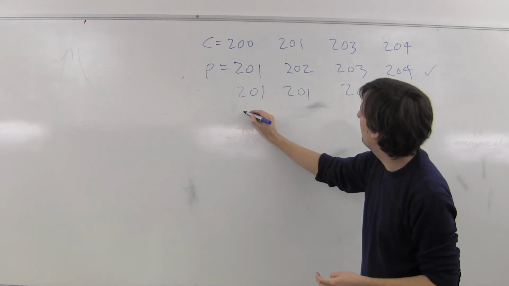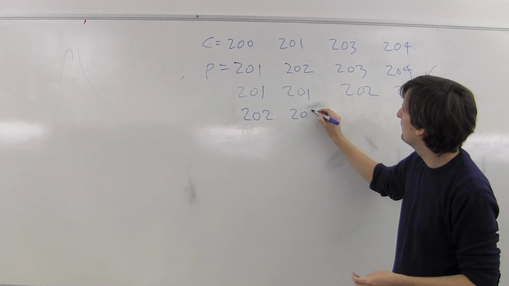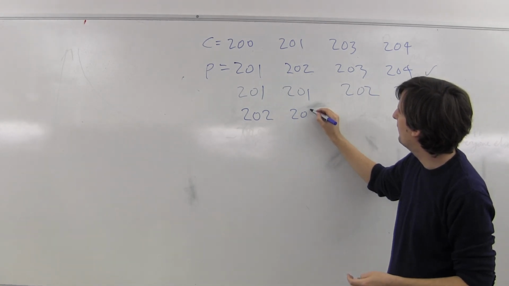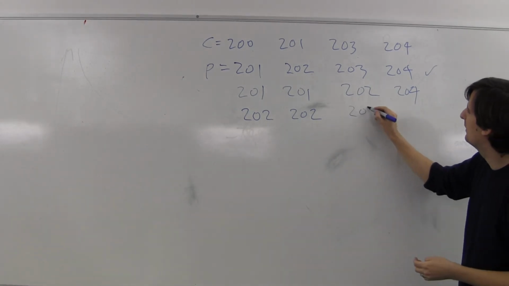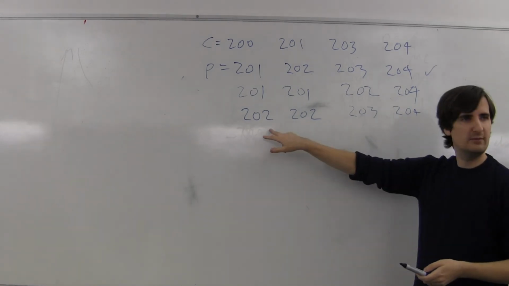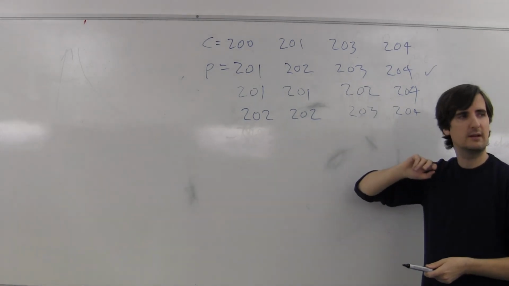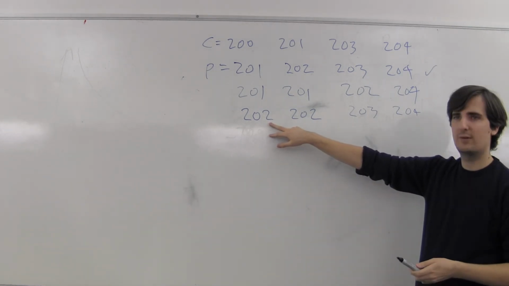Can we get one with 202? Does that exist? I think so. So this firm would also have to be at 202. What about this? Well, this depends on the demand curve, doesn't it? This firm is currently getting half the market at 202.